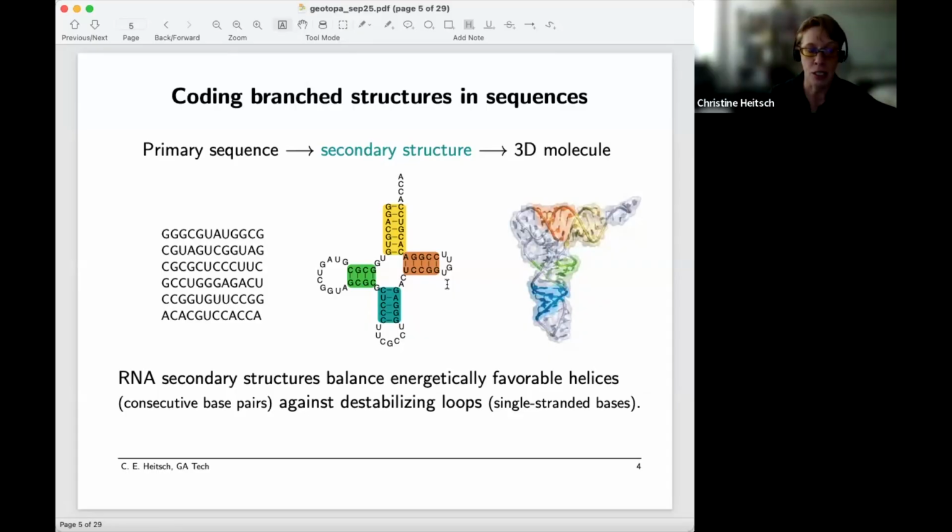And so the expectation is that an RNA secondary structure is trying to maximize the number of stacked base pairs that form these helices. That is a negative free energy, so it is a stabilizing interaction, whereas it's trying to avoid the cost of loops, and those are the single-stranded regions, because those are basically viewed as destabilizing. So we have this fundamental balancing act of as many base pairs as possible, but don't let the loops cost too much.